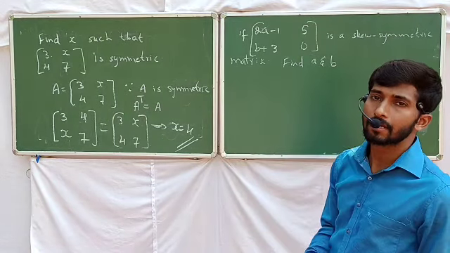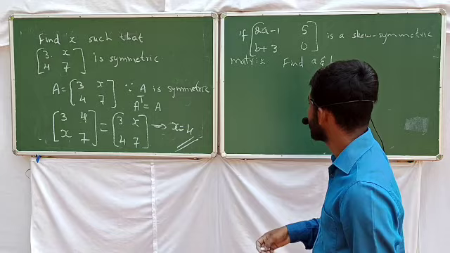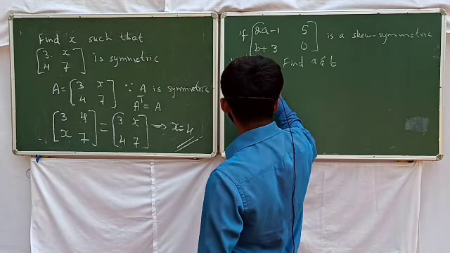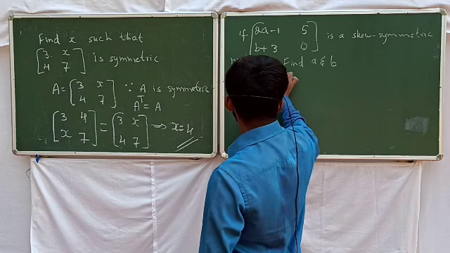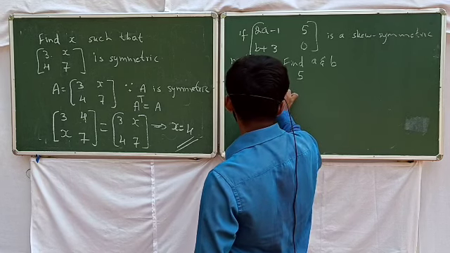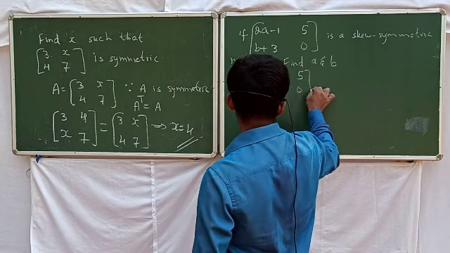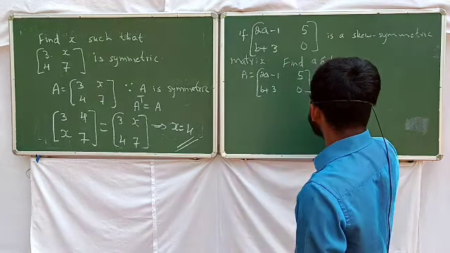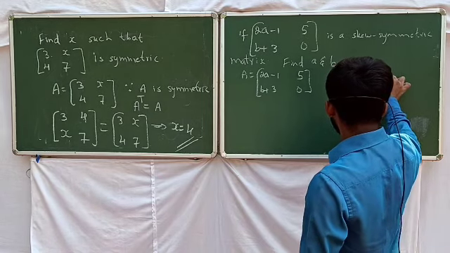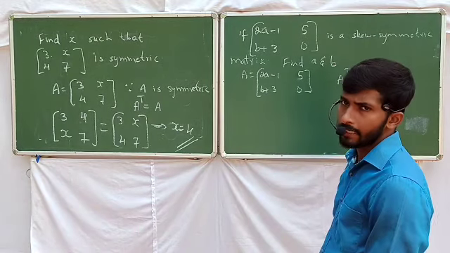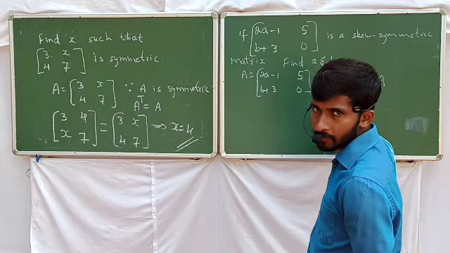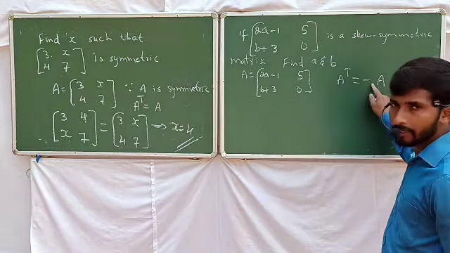Use the definition of the skew symmetric matrix. Suppose given matrix A is equal to [2a minus 1, 5; b plus 3, 0]. This is the given matrix A. What's the condition? A transpose is equal to minus A.